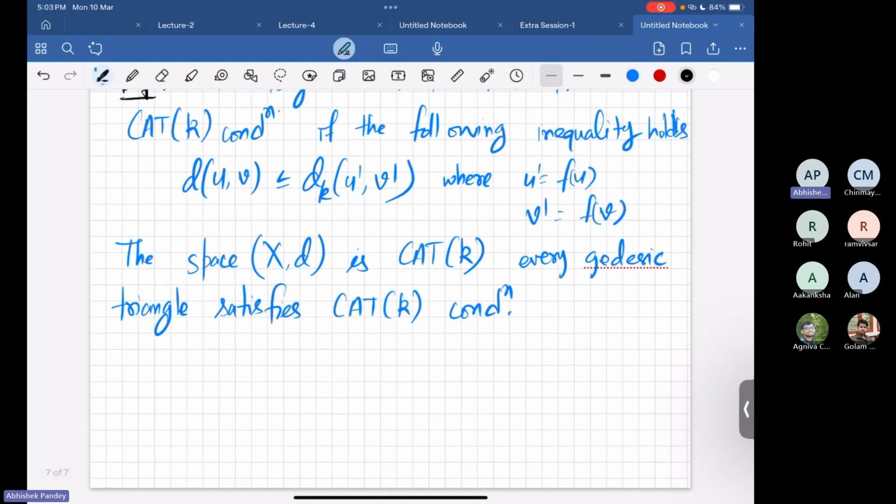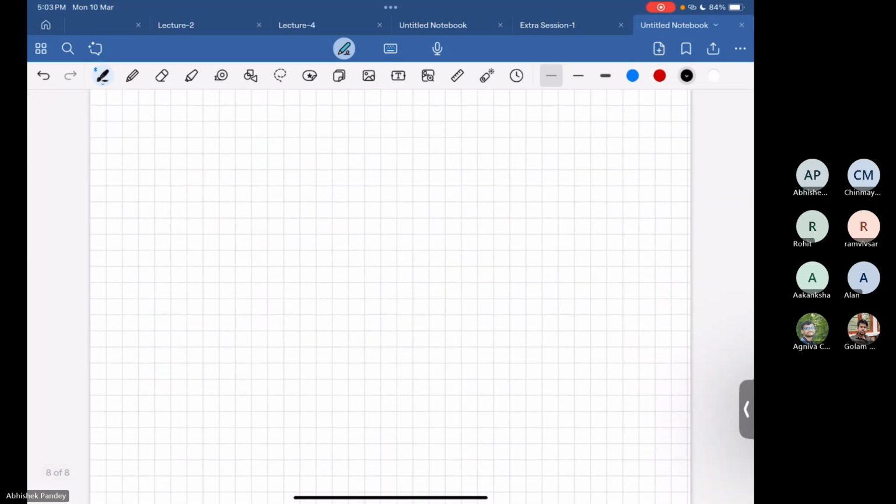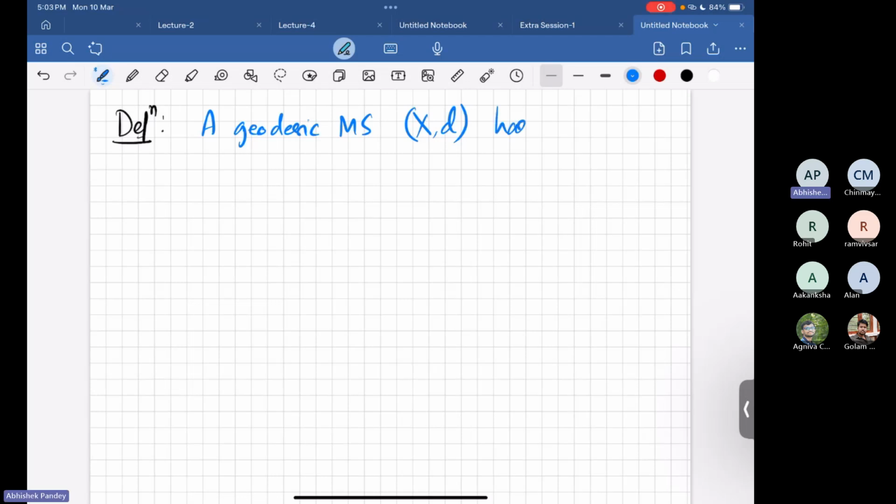A geodesic metric space (X, d) has curvature less than or equal to K if it is locally CAT(K).